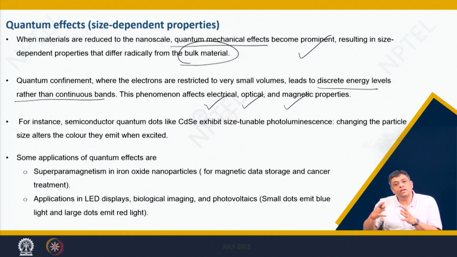You start reducing the dimensions of that particle, and when the system goes to a condition where discrete energy levels start taking over, maybe you may see a transformation from insulator to semiconductor or insulator to metallic, or vice versa. Initially the material was metallic in nature, and then it is going to insulator. So, it is called metal to insulator transitions.